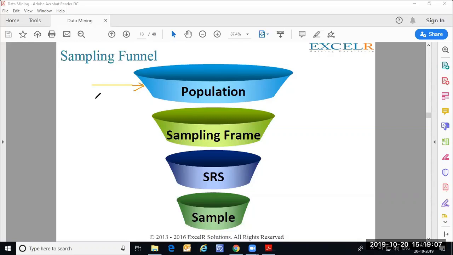The average income of the people who are staying in that locality, number of residents, the competitive stores, yeah. So the total population in that locality. Competitive stores.